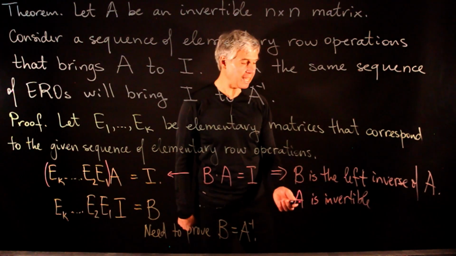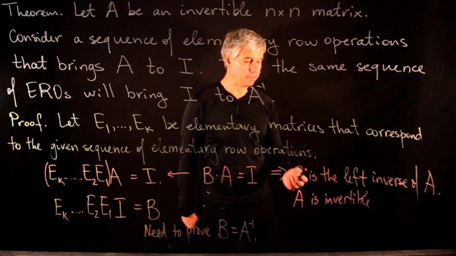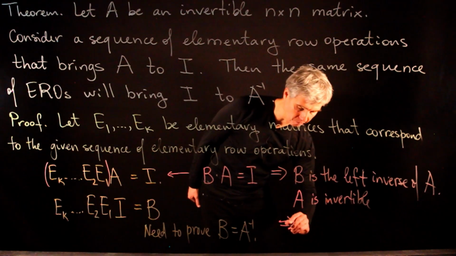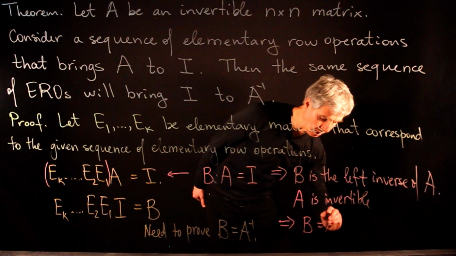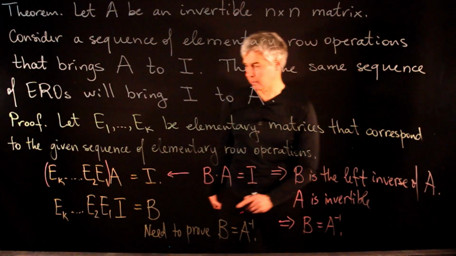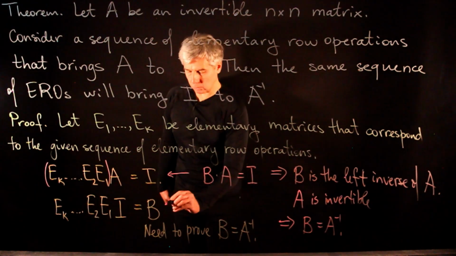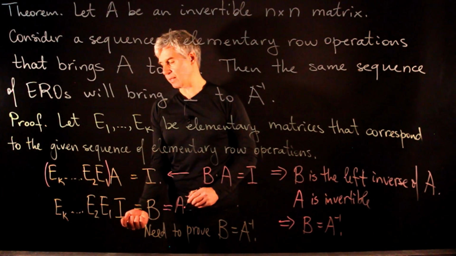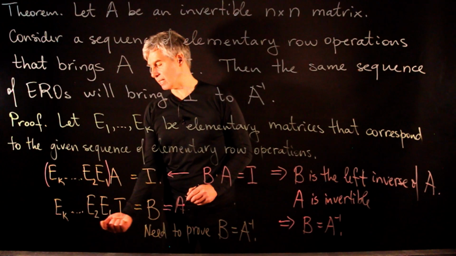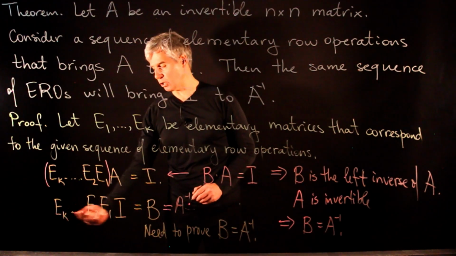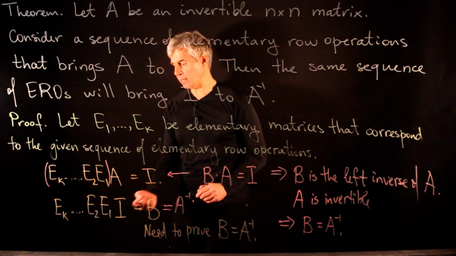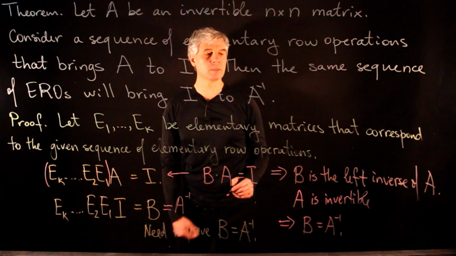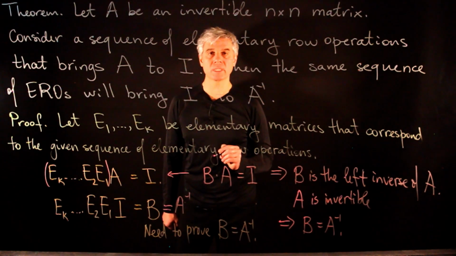So here A is an invertible matrix, B is the left inverse of A, and from here we conclude that B is equal to A inverse. And that's exactly what we need to show. So if we take the identity matrix and apply the same sequence of elementary row operations that brings A to identity, then the same sequence will bring identity to A inverse. And this completes the proof of this theorem.